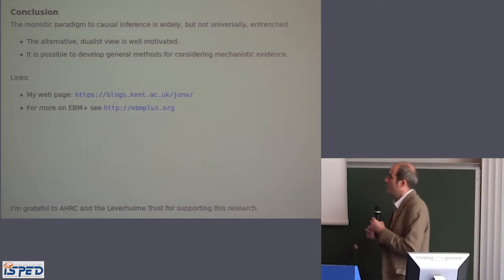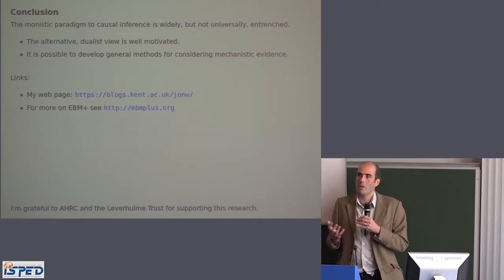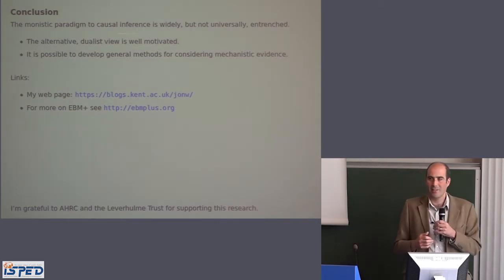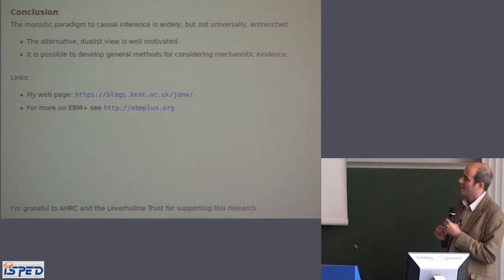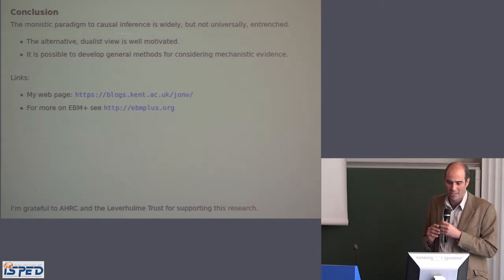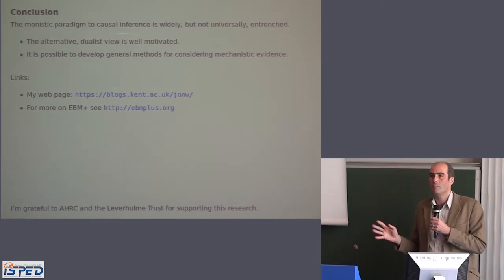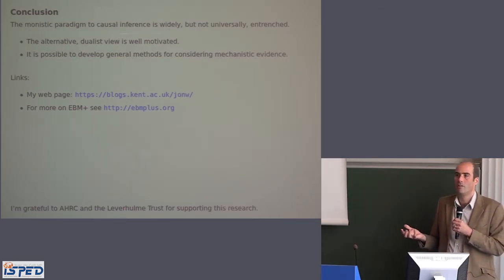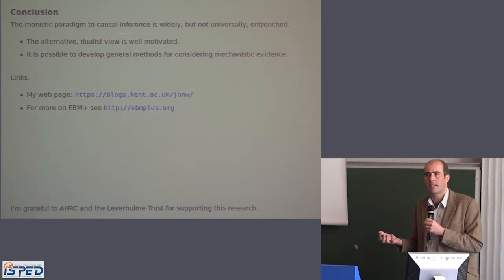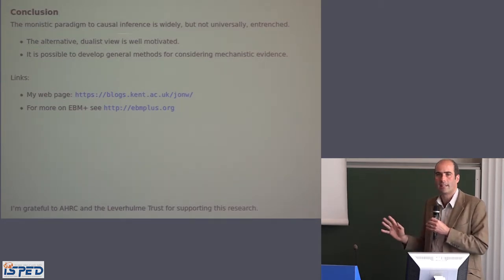So I think a dualistic view is a way forward, or maybe a way backwards, considering that Bradford-Hill originally put forward a dualistic approach. One worry is that you might not be able to review mechanistic evidence in a systematic way. I don't think that's a genuine worry.